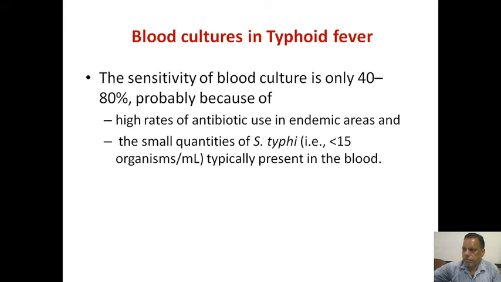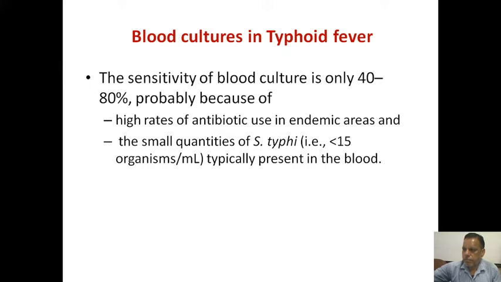As I said, blood culture sensitivity is around 40 to 80% depending on which week it is. The yield is decreased further in cases where the patient receives antibiotics. Antibiotics in the blood would inhibit the growth of organisms, so the Salmonella typhi might remain confined to the reticuloendothelial system and not be in the bloodstream.